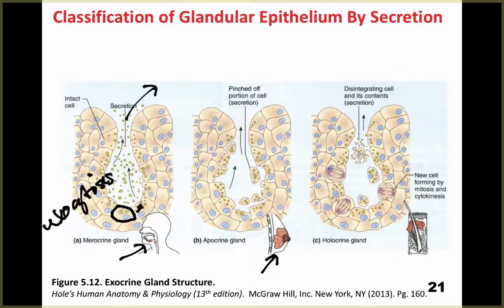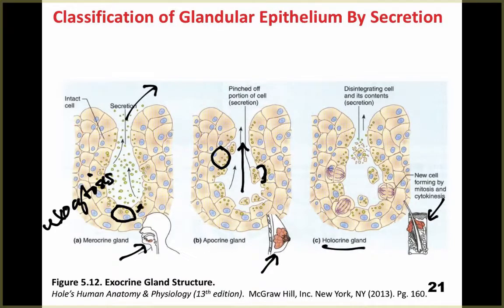Essentially what happens is that you have these cells and they're accumulating, right? And it pinches the apical part, right? Just small parts of the cell pinch off and get released. Here, an example of a sebaceous gland, right?